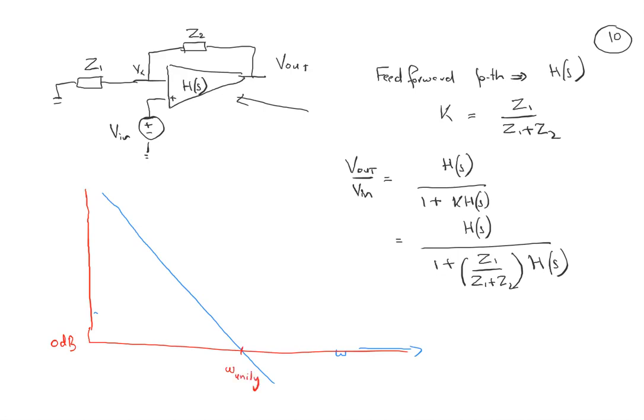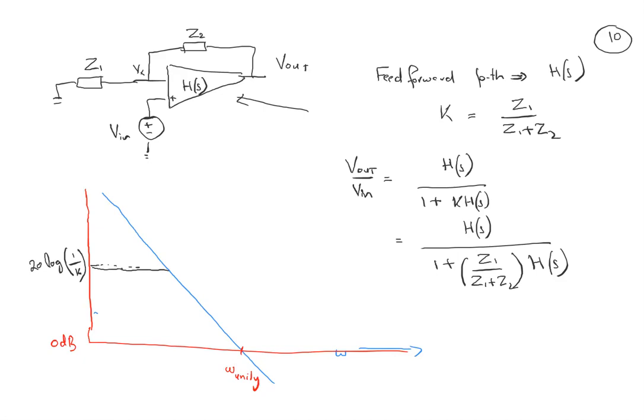Now because of this, for the closed loop, what's happening is that I am going to have a value equivalent to this one for the closed loop of, if it's a dB scale, 20 log of what? 1 over k.